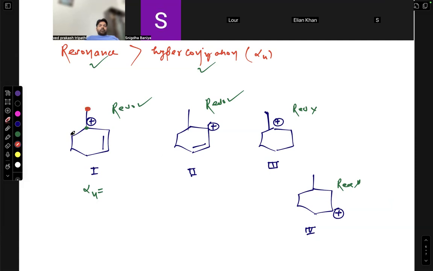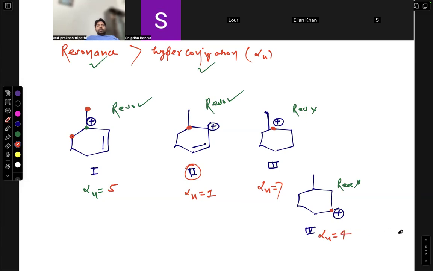3, 2, 5. How many alpha H in the second? Only and only 1. How many alpha H in this third one? 7. And how many alpha H in the fourth? 4.